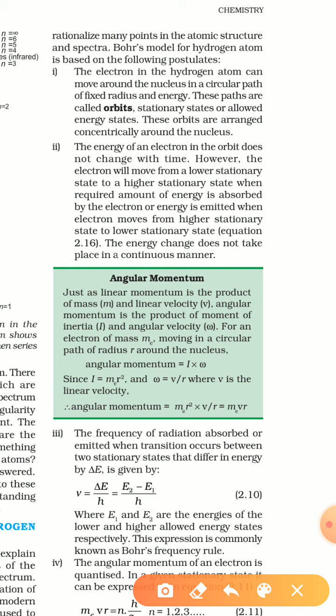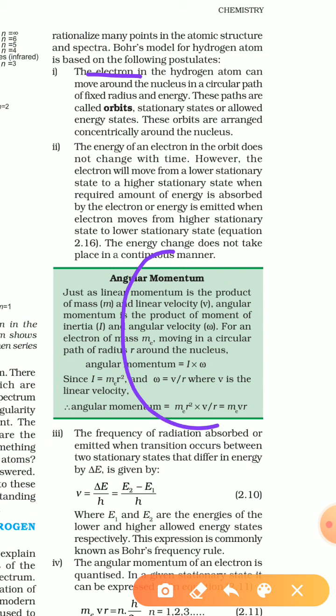The very first thing that he told was that the electrons in the hydrogen atom move around the nucleus. He did the experiment on the hydrogen atom. The same thing that Rutherford concluded from his experiment, he also said.